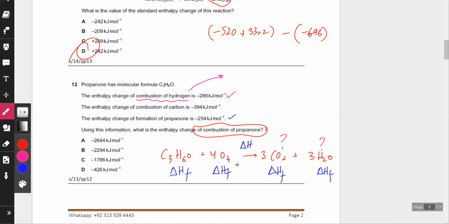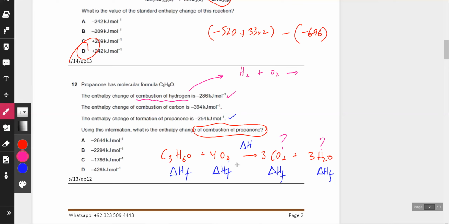So what's the reaction? Hydrogen is H2. What is combustion? Would it just be H2 plus O2?